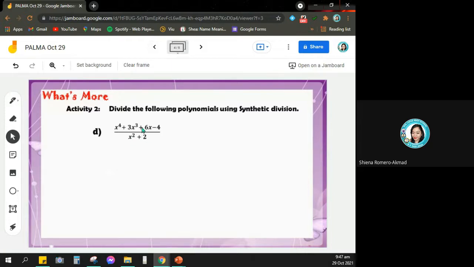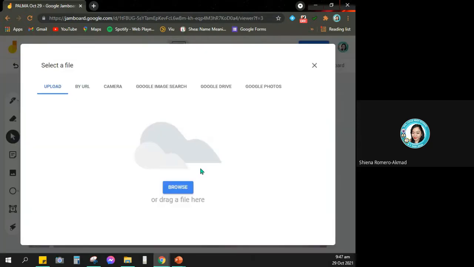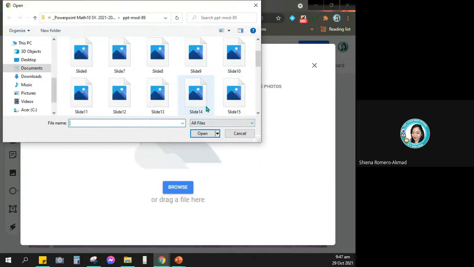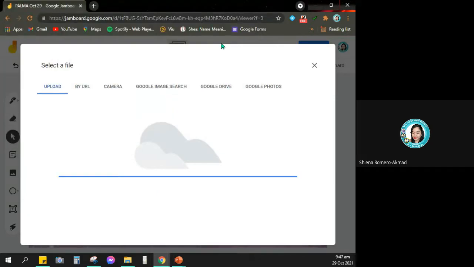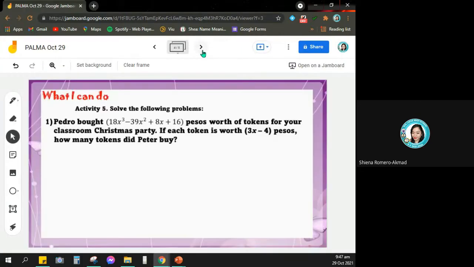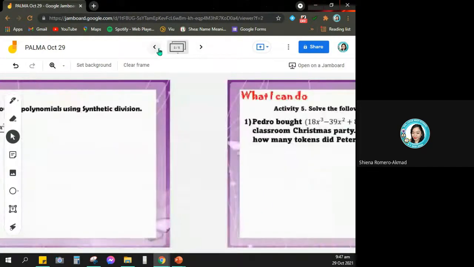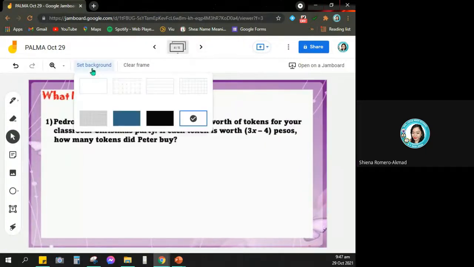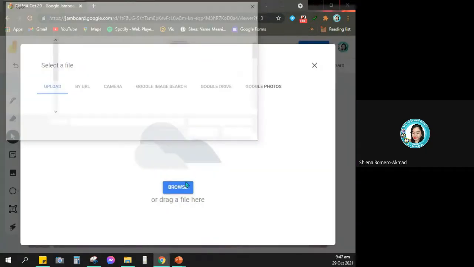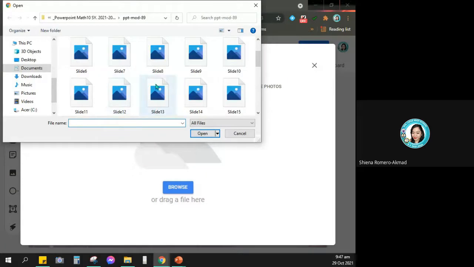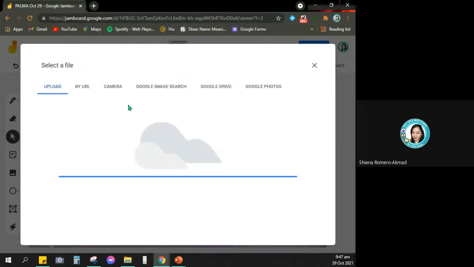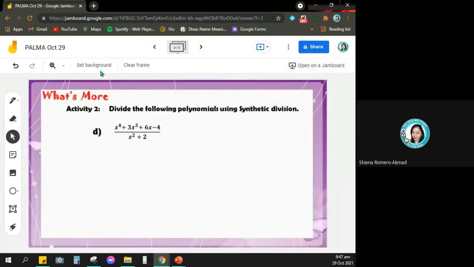Ito may mali dito eh. Ano nangyari? Parang iba yata yung nalagay ko. 18, 16, 15, 16, 15. Okay. Gets ko na kung bakit.